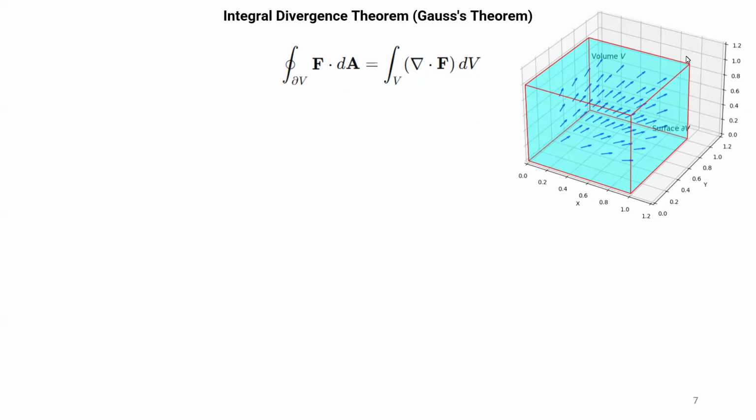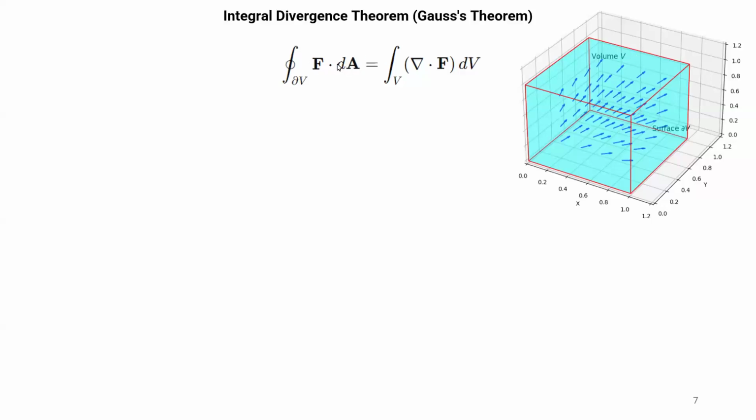Okay, so here as an example, I draw this rectangle, like a cube, and this surface integral runs over the surface areas of each face of this shape. F times dA corresponds to the element of flux through this surface.